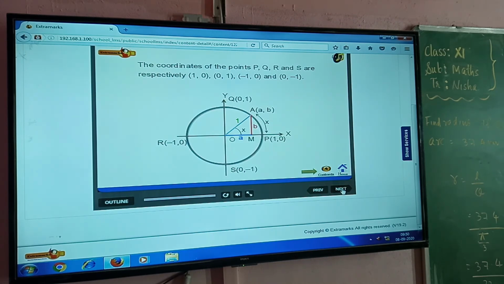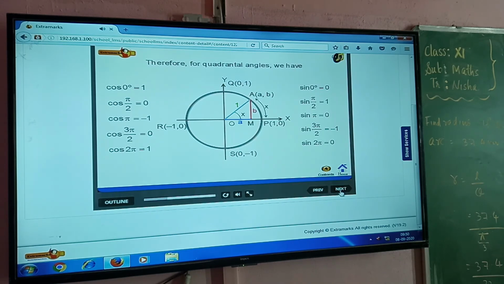That means the x coordinate is 1 and the y coordinate is 0 at the point P. Similarly, Q is 0, 1, where the x coordinate is 0 and the y coordinate is 1. Is it clear, children? We already discussed the points PQRS in the first slide.